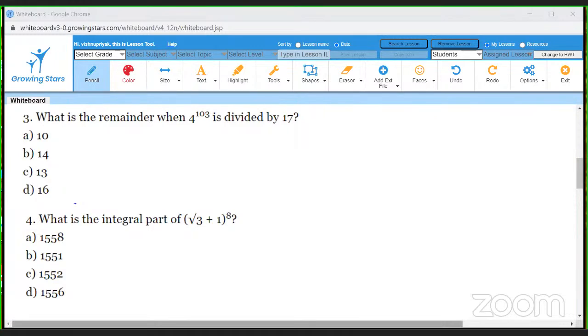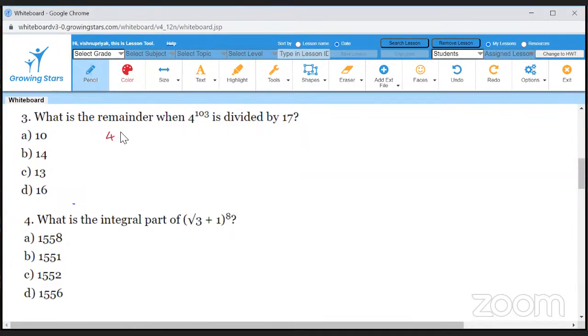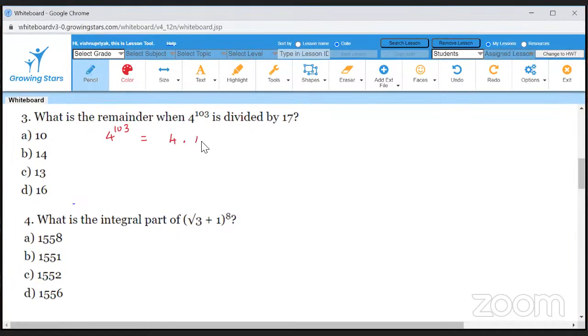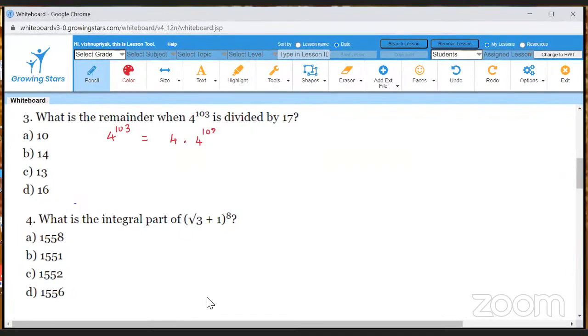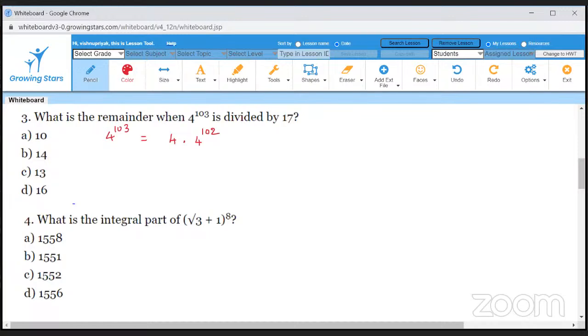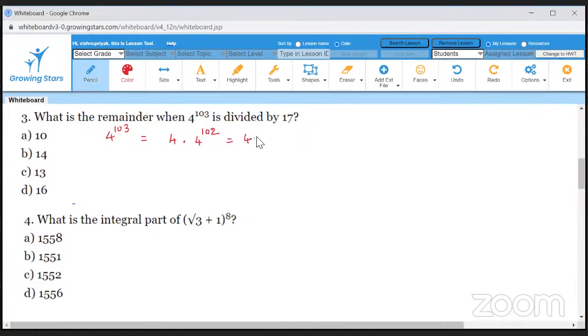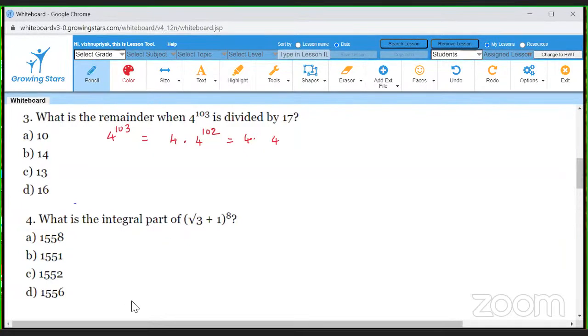Now, 4 power 103. 4 power 103 I can write as 4 into 4 power 102. Now, why did I take 102? Because I can write 4 into 4 power 102, I can change it.